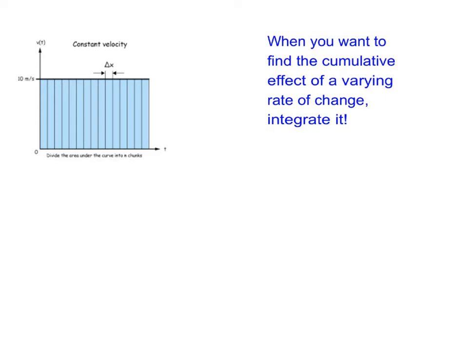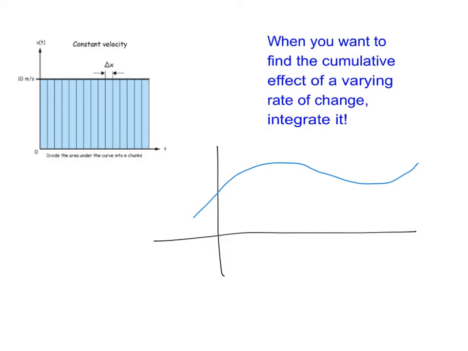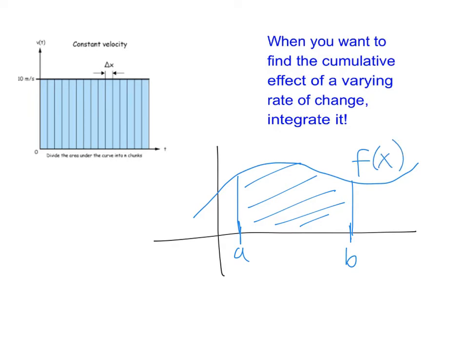So how do you set up a function to be integrated? If I had a graph with a curve, and I know that this is A and this is B, and I wanted to find how much area it is between that of this function, f of x, then of course we would set up the definite integral that would go from A to B of f of x dx, and that integral would then find the area under the curve.